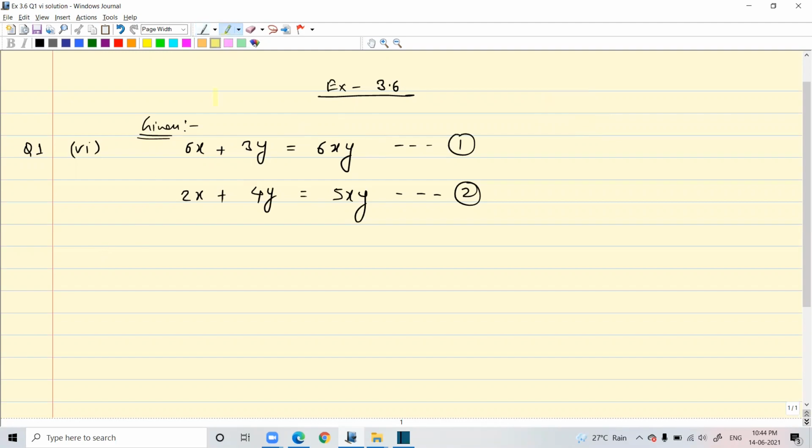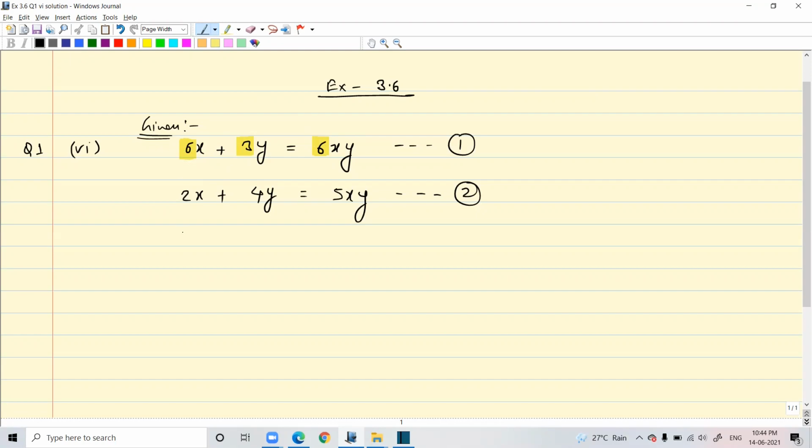But also notice one thing, that in the first equation, what are the coefficients here? 6, 3, and 6. So in this particular equation, we can see that 3 is common in all the terms. So should we not divide by 3 also? We can easily divide by 3 and it will make the numbers even simpler.